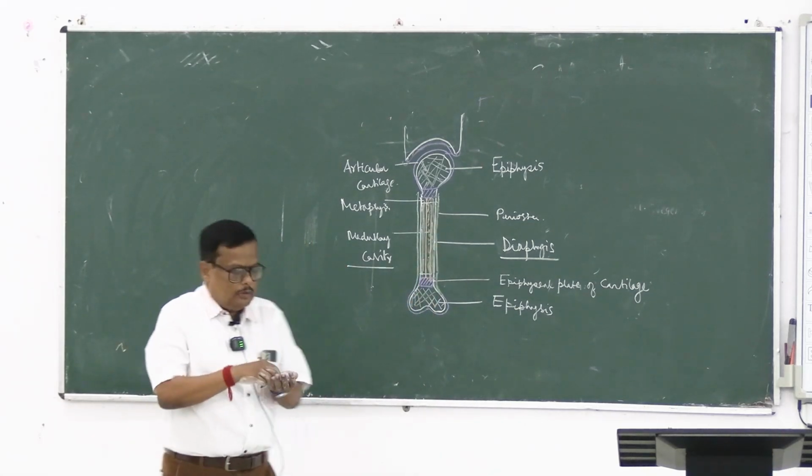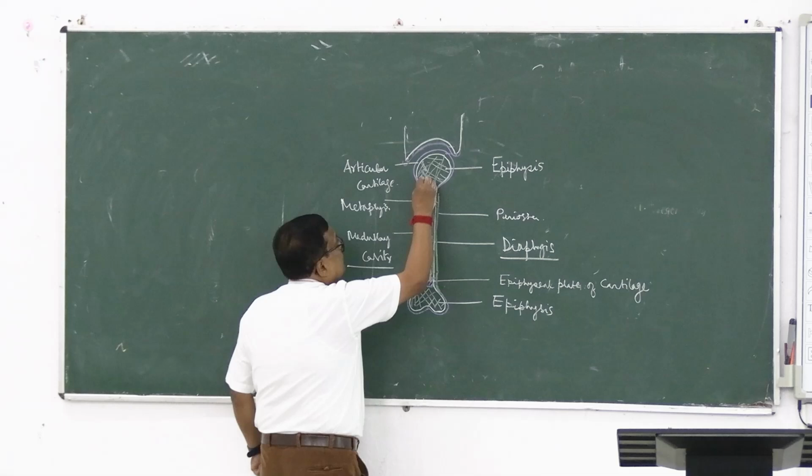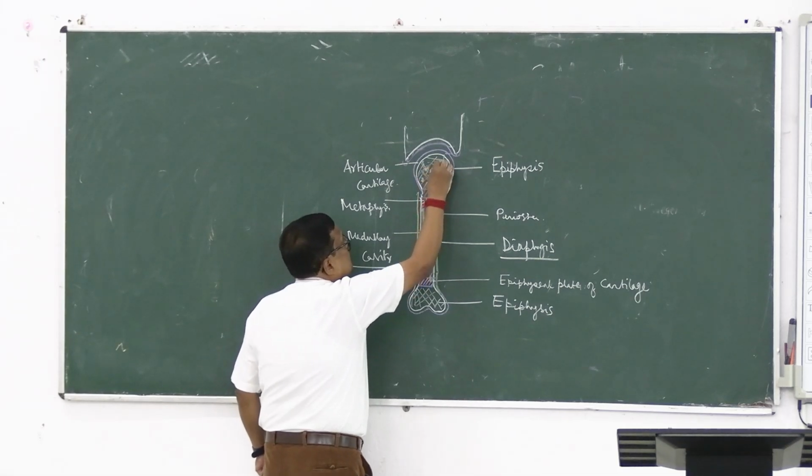In spongy bone, marrow substances are present in between the plates. These are the marrow.